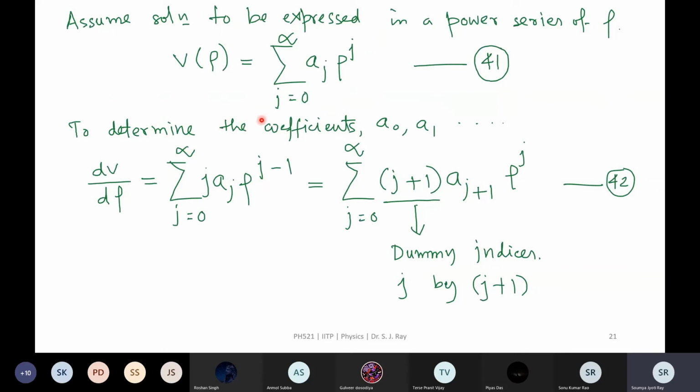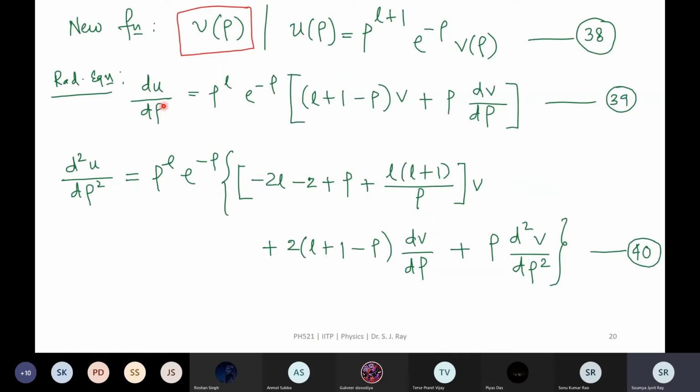We still don't know what will be the form of v of rho. One way of looking at it is that we'll assume some particular form. The easiest one will be a power series of rho. Why a power series? Because we have seen that we have rho to the power L plus 1 and then e to the power minus rho, so both are basically power series components.